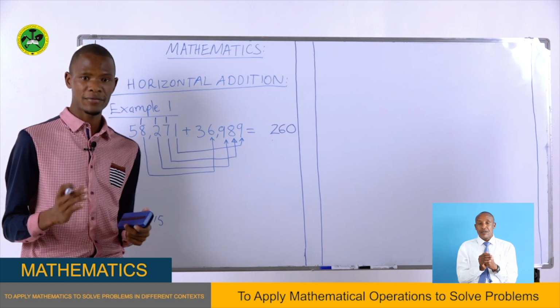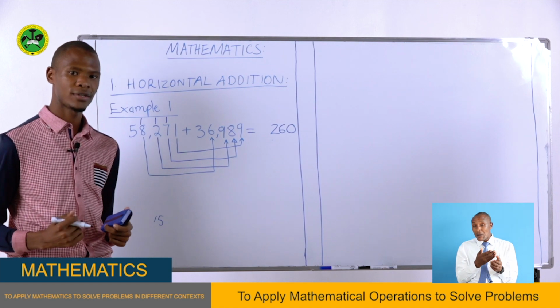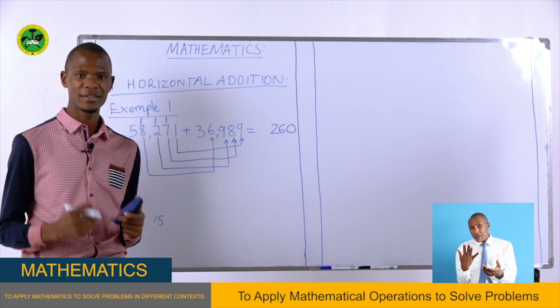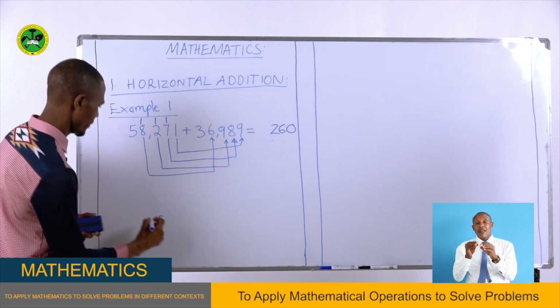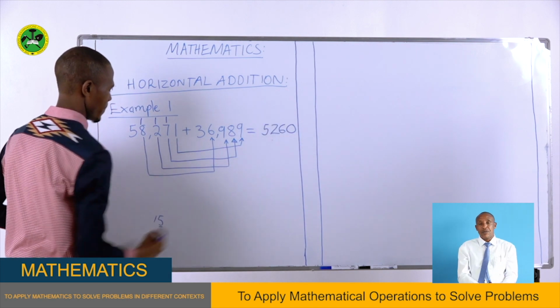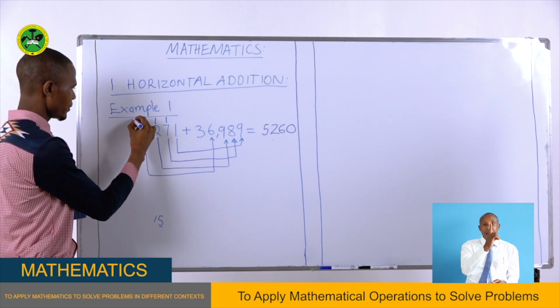So from 15 we have got, which digit are we going to write? Yes, exactly. We need to write 5 and then we carry 1 forward.